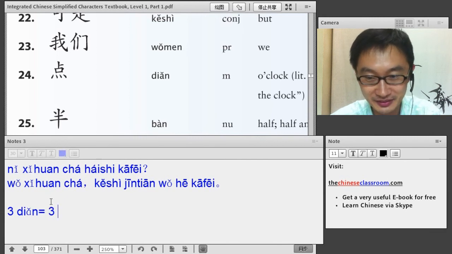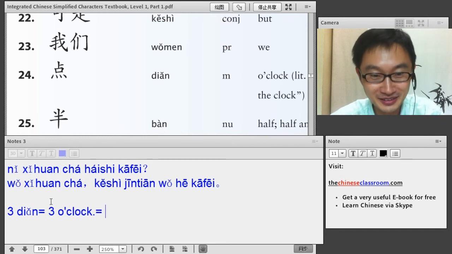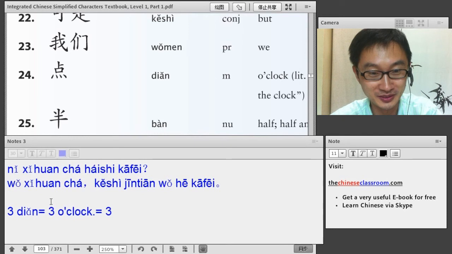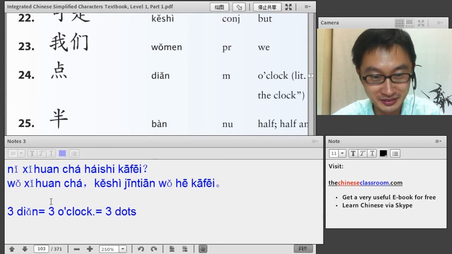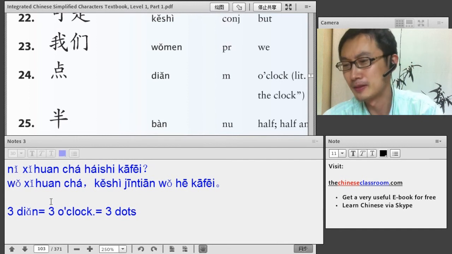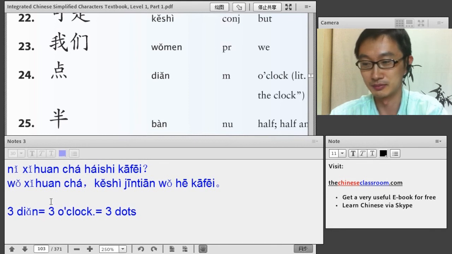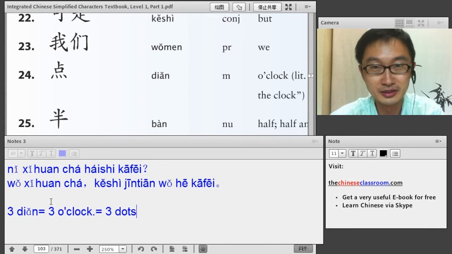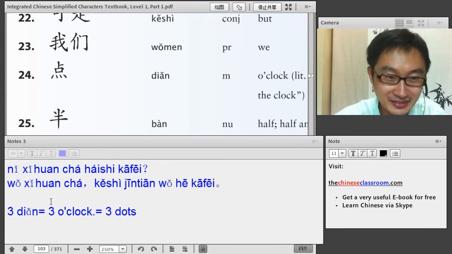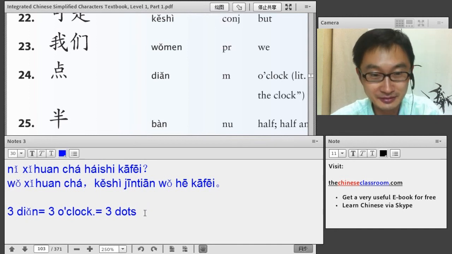That means 3 o'clock. But it also means 3 dots. That's true, not a joke. For example, I found 3 dots on the table. Maybe my son made it with a pen. Okay. Then next one, 半, of course, half.